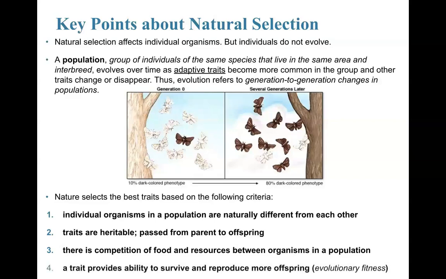The last criteria is that that trait must provide an ability for that individual to survive and reproduce more offspring. Basically, what I'm saying about that is, quote unquote, survival of the fittest. We call this evolutionary fitness. That trait must be better for that individual to survive in that environment.